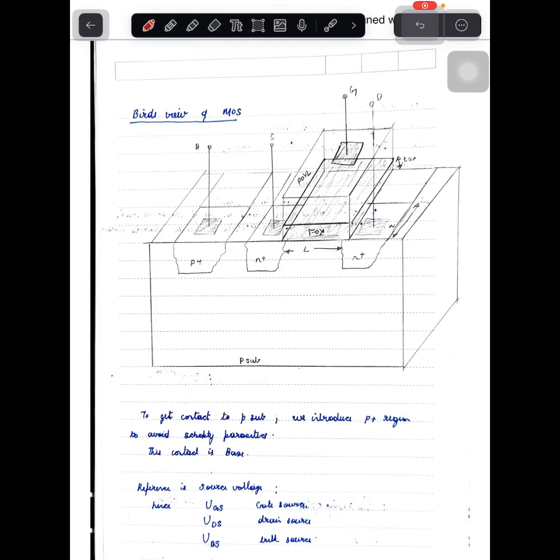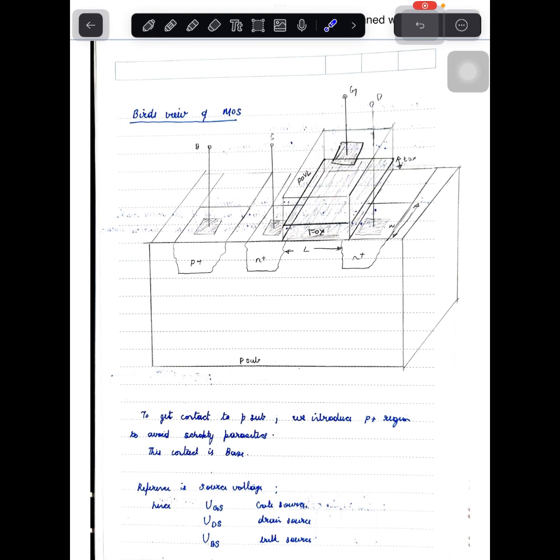This is the bird's eye view of a MOS transistor. Here we are seeing an NMOS transistor. So we have a P substrate. It is a lightly doped P-type silicon substrate. And then we have polysilicon, that is the gate. Here you can see a metal contact on top of the polysilicon, and this terminal is called the gate.